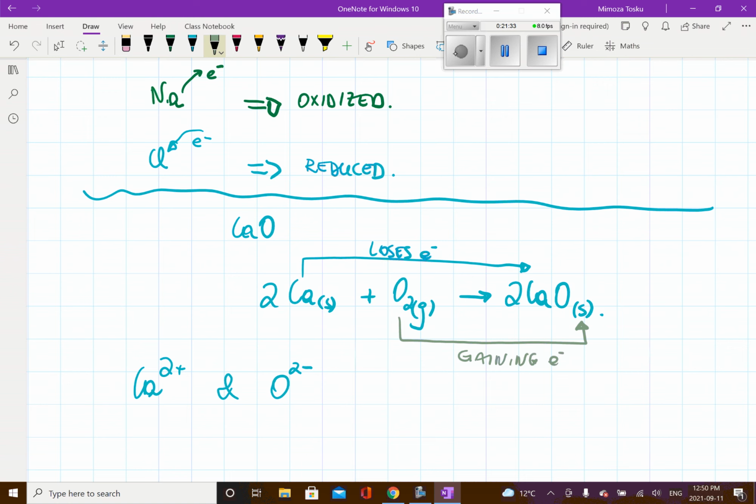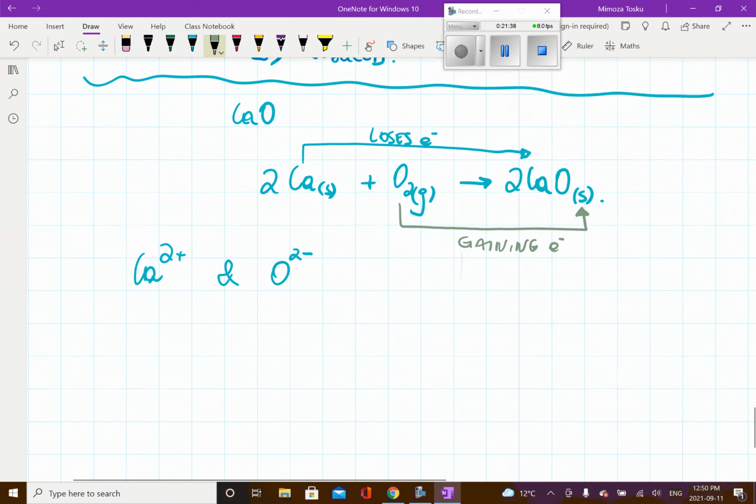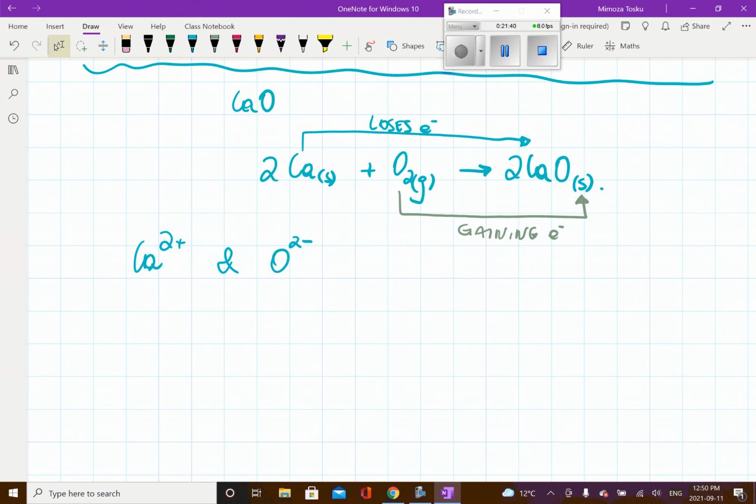When we write the half reactions for this formation, 2 calcium are giving up electrons.